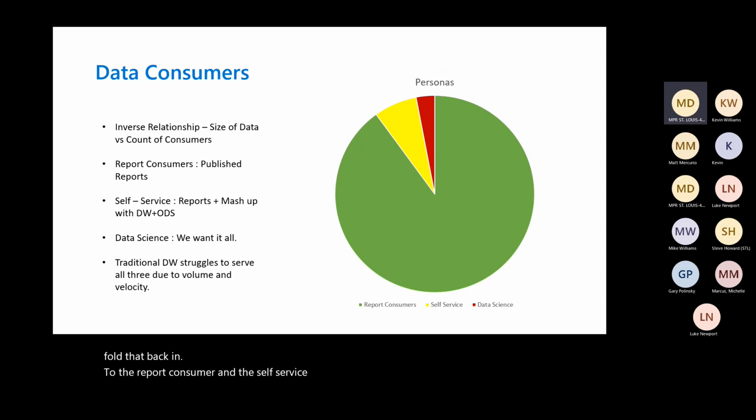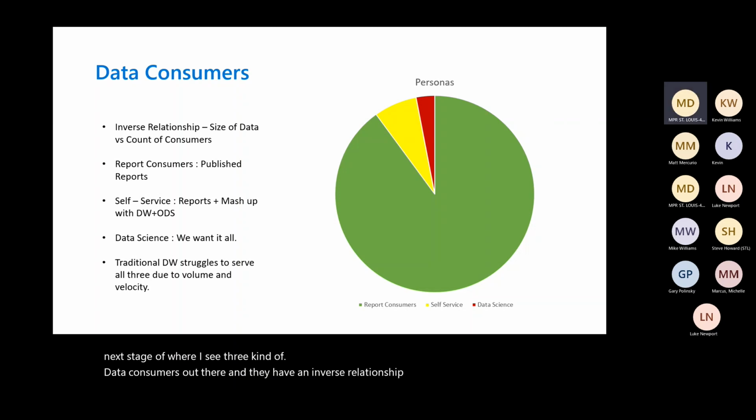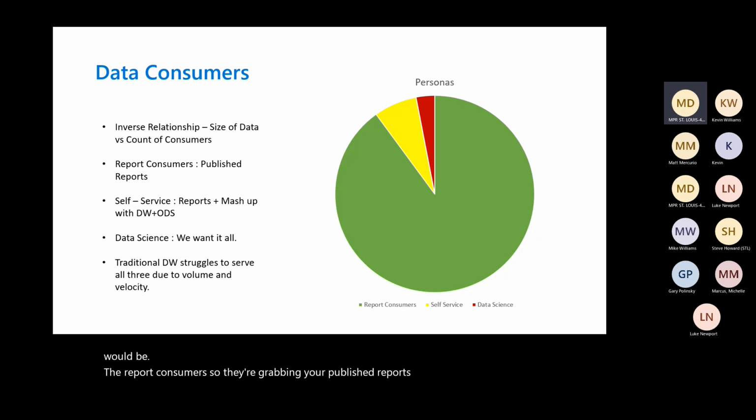So this is where I see three kinds of data consumers out there, and they have an inverse relationship between the size of data and the count of consumers. The majority of the consumers in your data estate would be the report consumers. They're grabbing your published reports and they're just reading.